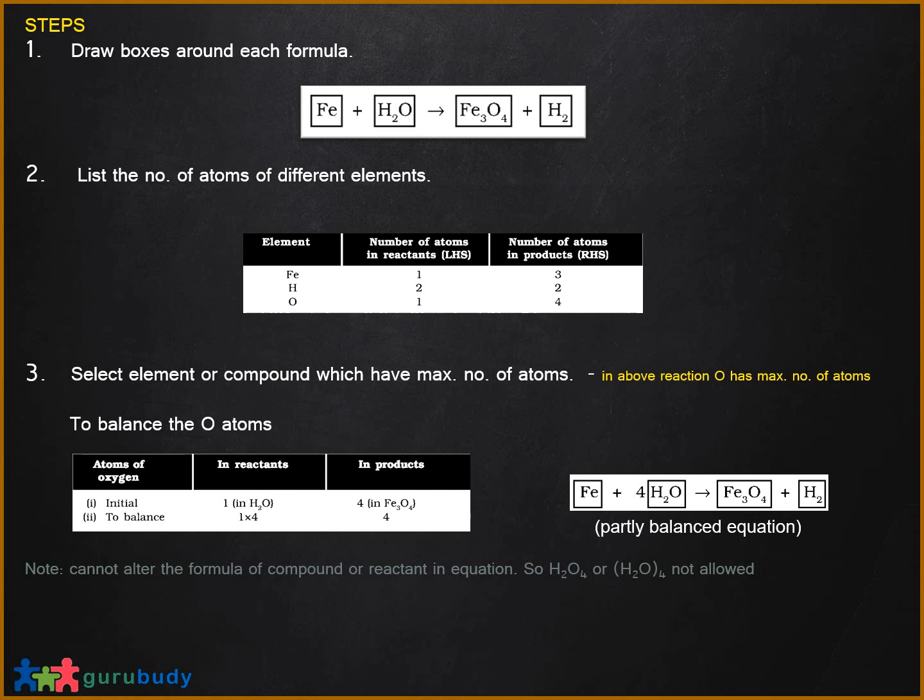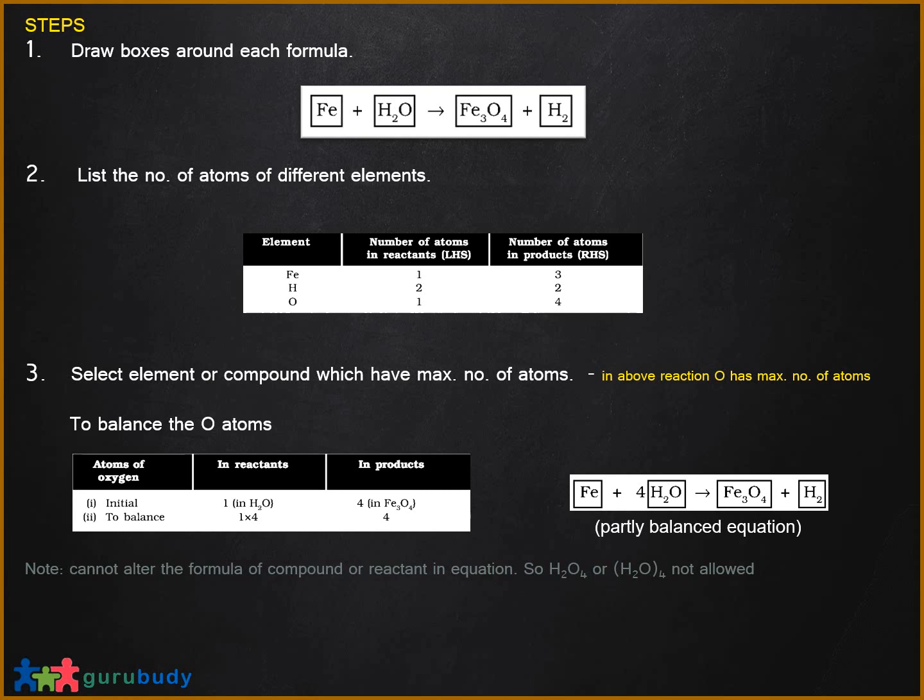The third step is to select the atom which has the maximum number in reactants or products. In this equation, we can see oxygen in the product has the maximum number of atoms, 4. So first of all, we will start with balancing the oxygen atom. To balance the oxygen atom, we multiply the oxygen atoms in the reactants by 4, because we have 4 oxygen atoms in the product.